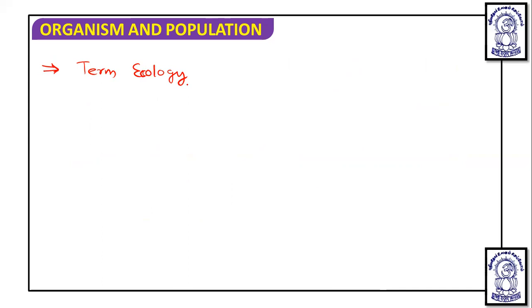The term ecology was first used by Reiter in 1868.